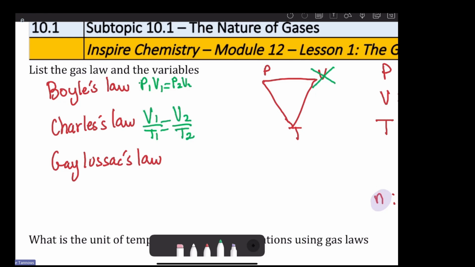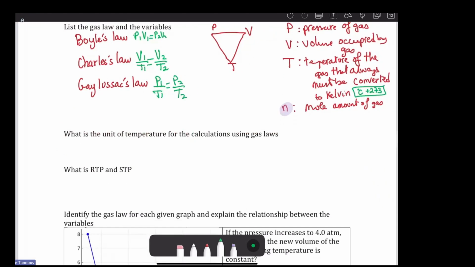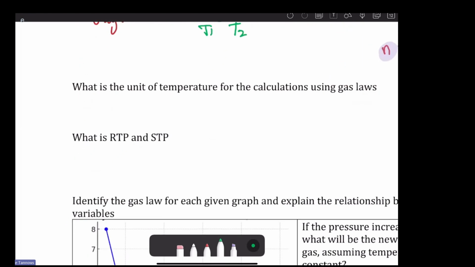Oops. Okay, so let me just erase this. It's the pressure over the temperature. Now, again, what is the unit of temperature for the calculations using gas laws?